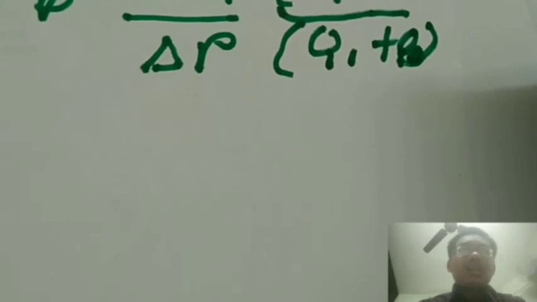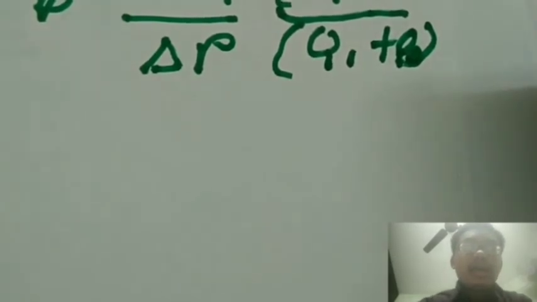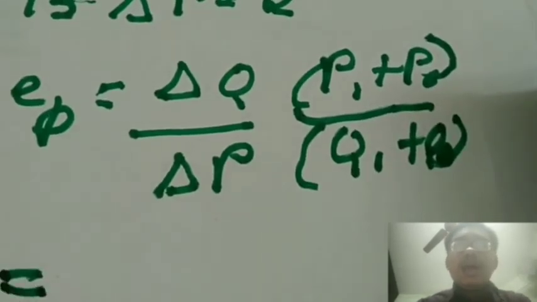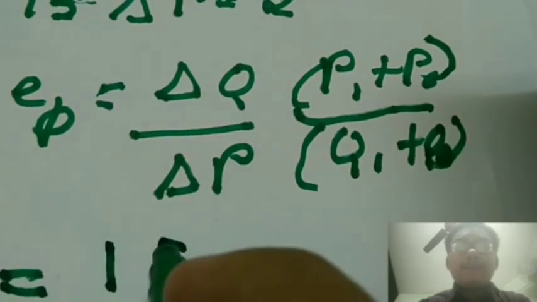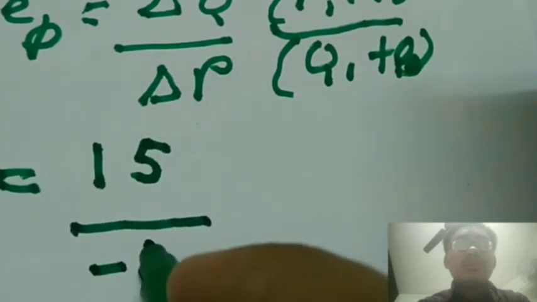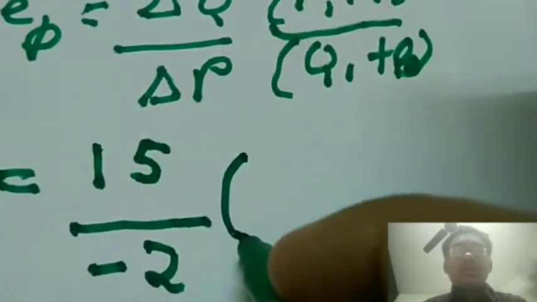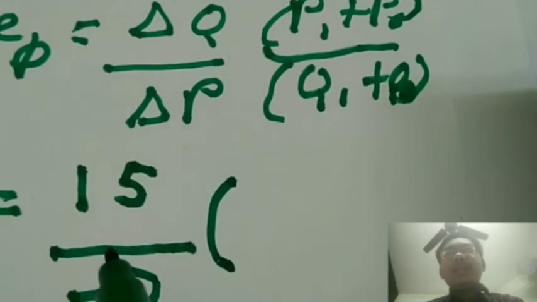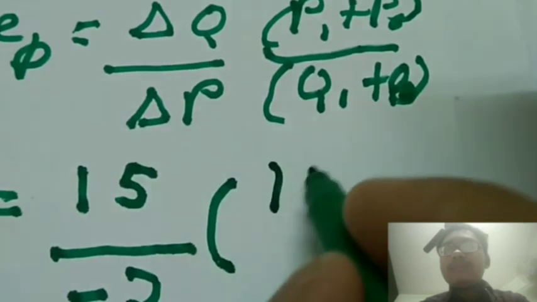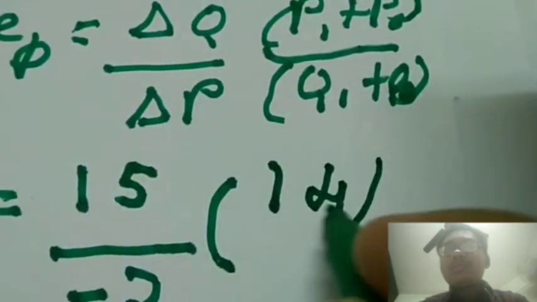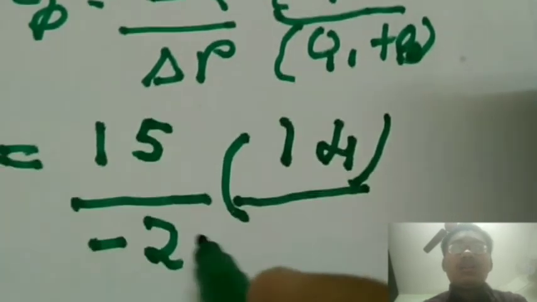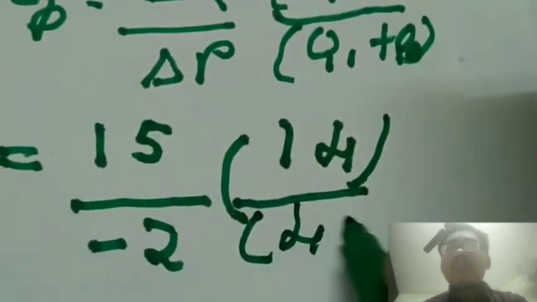So what is arc ED? In our example, delta Q is 15 by delta P is minus 2 into P1 plus P0, which means 6 plus 8, 14, by Q1 plus Q0, which means 15 plus 30, or 45.